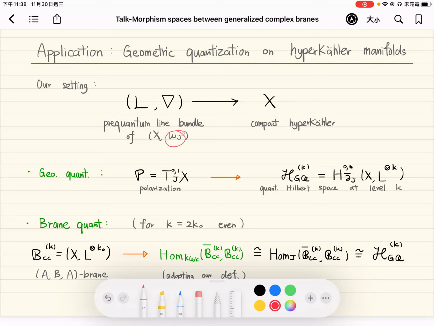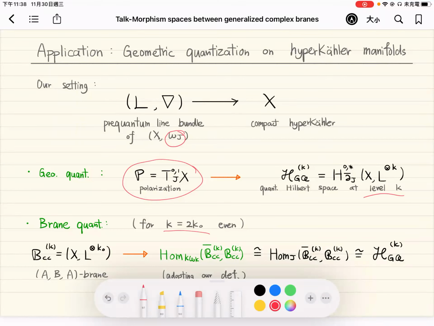For the traditional geometric quantization, we need to choose a polarization, that is the T01 of X with respect to J. Of course, you get a quantum Hilbert space as the space of holomorphic sections of L. If you scale the omega J by K, then you get a quantum Hilbert space at level K. Assume that K is an even scaling factor, and we take half of K to get K0.